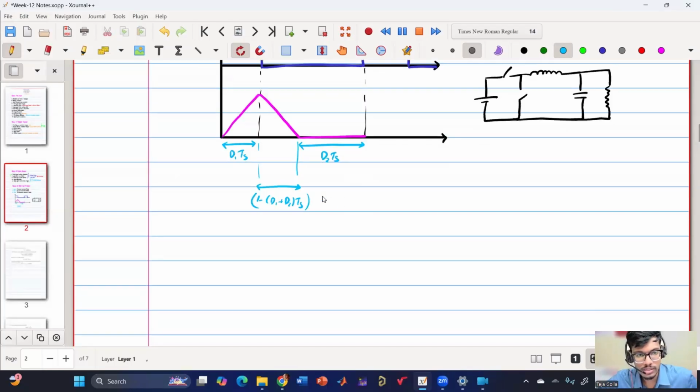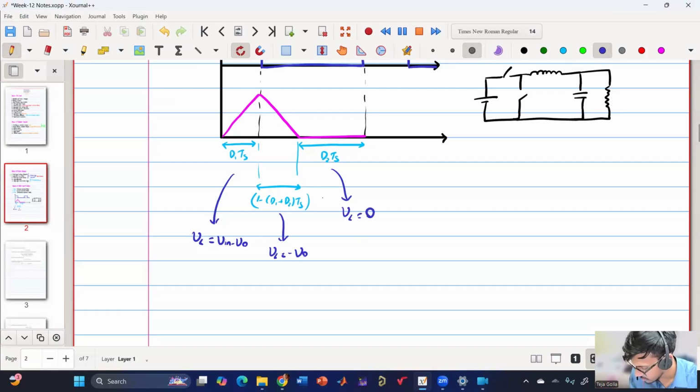What exactly we are doing here is, in the case of continuous conduction mode, we have two voltages for the inductor, right? In this region, what will be the voltage across the inductance, VL? Vin minus V0. And in this region, minus V0. And in this, 0. So the voltage is not the same for the entire 1 minus d1 ts; it has three types of voltages.